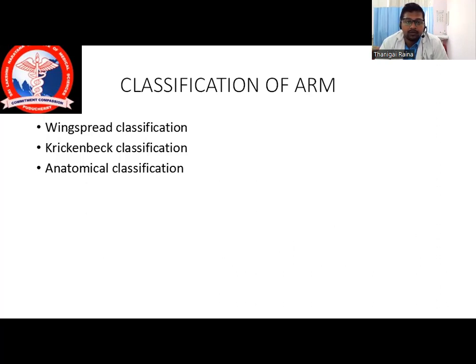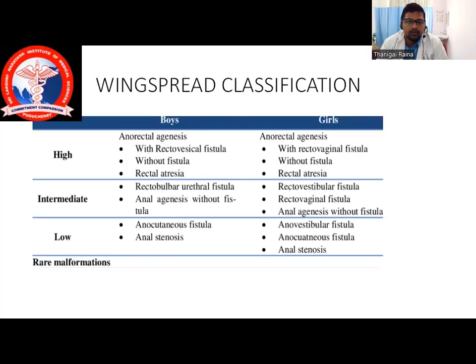So coming to the classification of anorectal malformation. Basically there are three classifications. The most commonly accepted is the Wingspread classification, and you also want to know the Krickenbeck classification and the anatomical classification. The Wingspread classification is divided into high, intermediate, and low, separately for boys and girls.